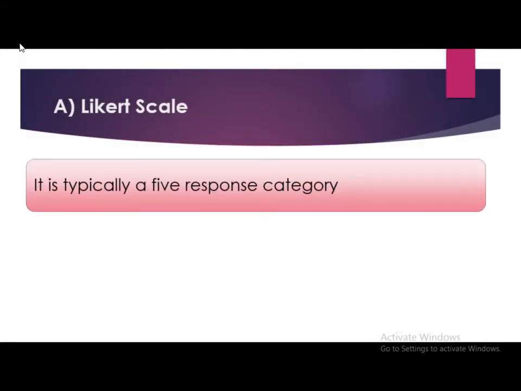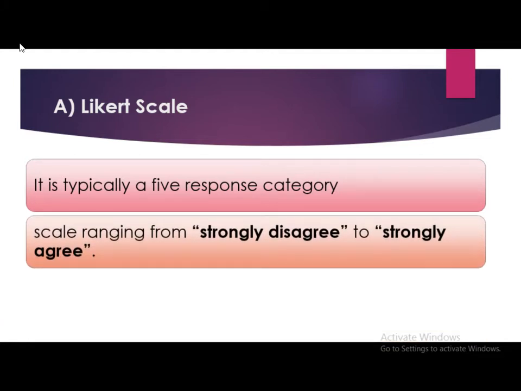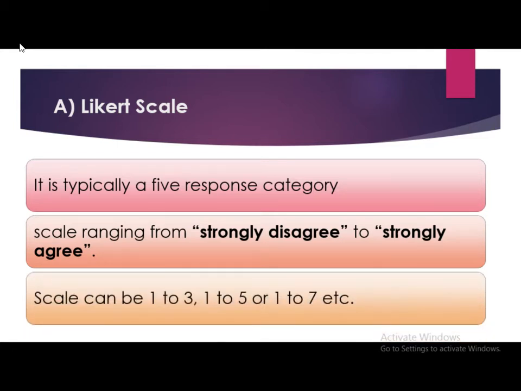It is typically a 5 response category scale ranging from strongly disagree to strongly agree. The scale can be 1 to 2, 1 to 3, 1 to 5, 1 to 7, etc.